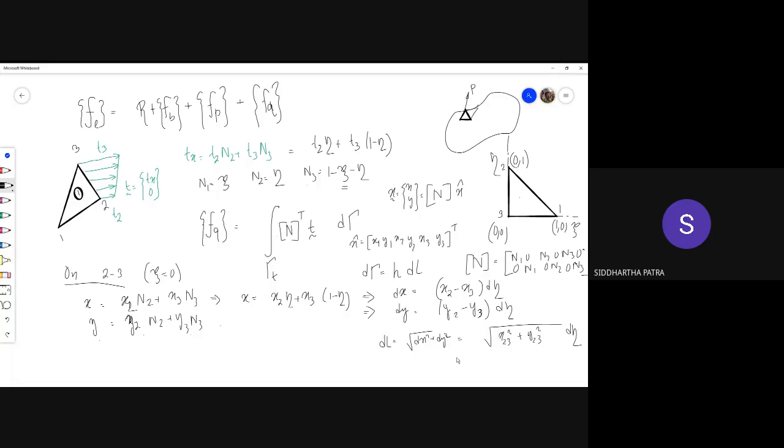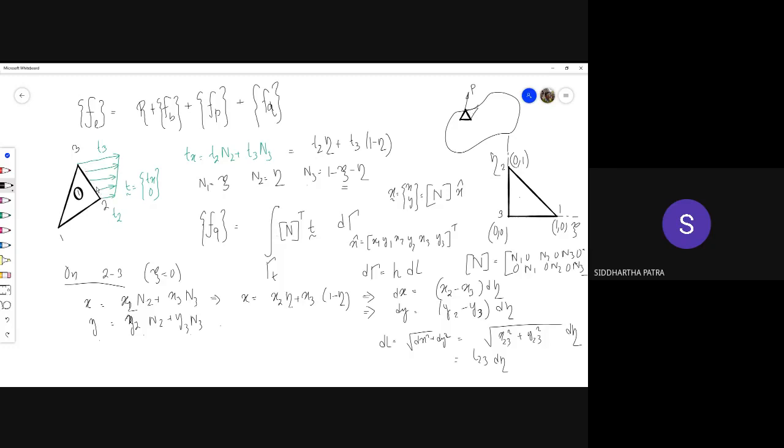Now this basically means L23, because this quantity, x2 minus x3 squared plus y2 minus y3 squared, is basically the square of the length of the side representing 2 3.